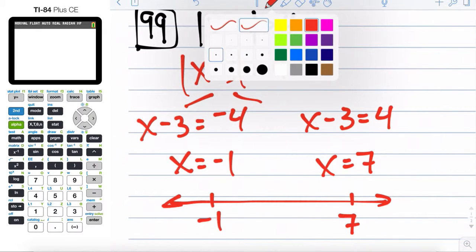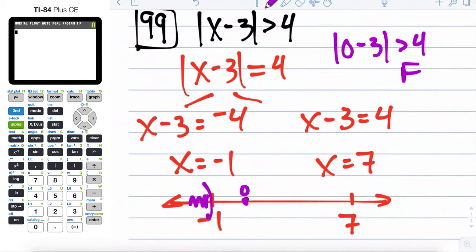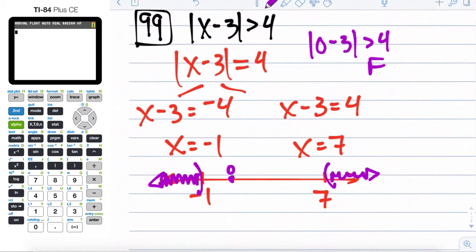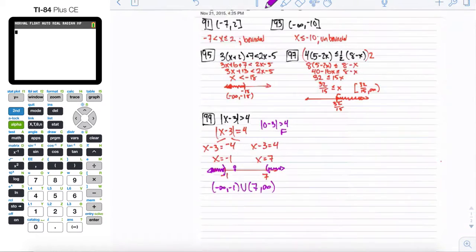I can test a point. A point between them is 0. So I'll say, is absolute value of 0 minus 3 greater than 4? That's false. So I am going to the outsides, like so. And if I'm writing that in interval notation, it looks like that. -infinity to -1, union 7 to infinity.